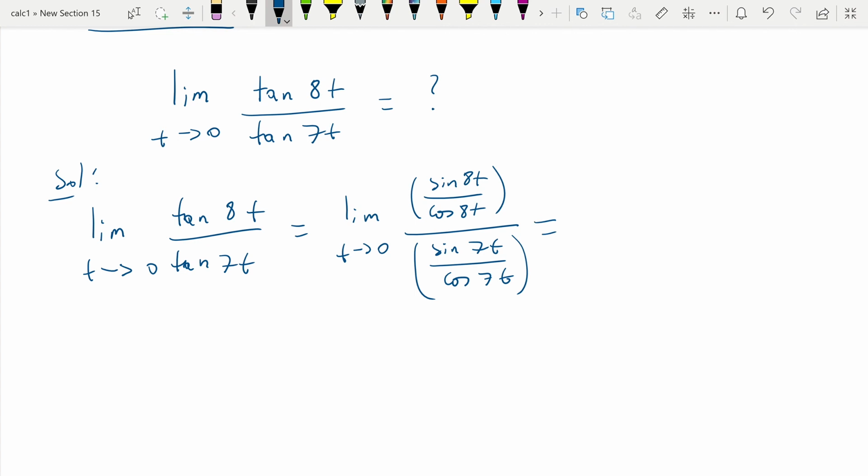A simple rule for how you work with fractions and how you perform these operations turns this into a single fraction.